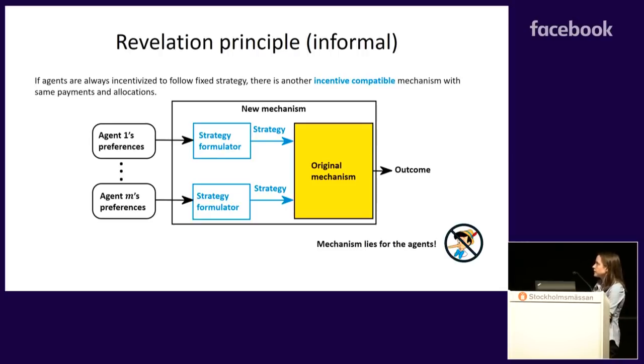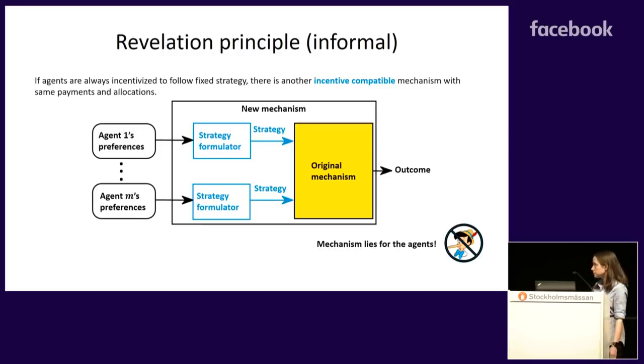This basically says that if you start off with some mechanism, and all agents are incentivized to follow some fixed strategy, maybe it's not a truthful strategy, but it's some strategy, we can create a new mechanism with the same prices and allocation where agents are incentivized to bid truthfully.